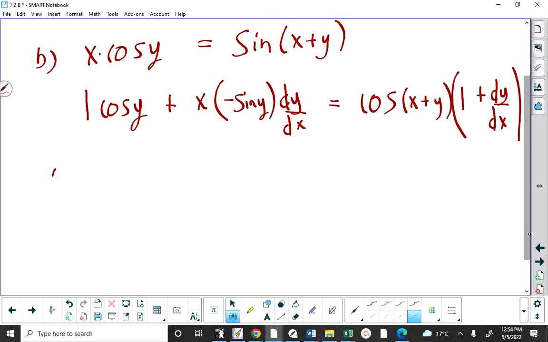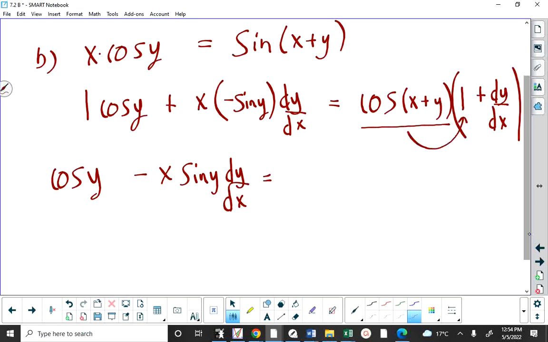So on the left-hand side, I have cosine y, and then I have minus x sine y dy dx. And on the right-hand side, I need to multiply this by the 1 and by the dy dx.